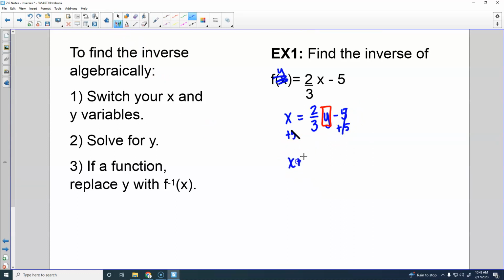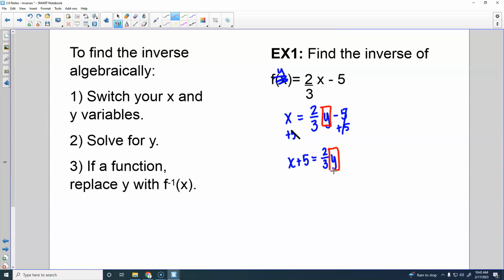So we would have x plus 5 equals 2/3 y. And then what would we have to do next to get that y by itself? Divide by 2/3. And dividing fractions is easy as pie. We're going to flip the second and multiply.